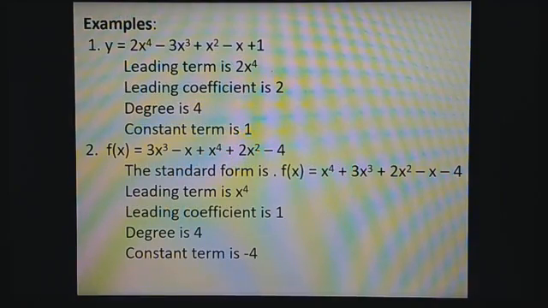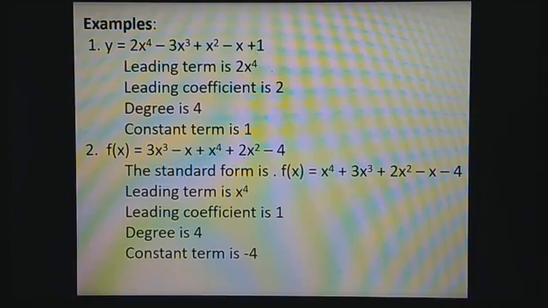So this polynomial function is written in standard form because, as we have observed, the terms of the polynomial function are written in decreasing power. So start with the exponent 4, followed by 3, followed by 2, then first degree, then we have the 0 degree term. So the degrees are in descending order.